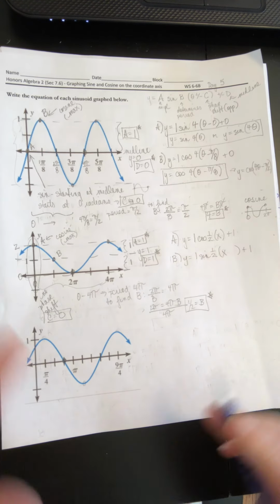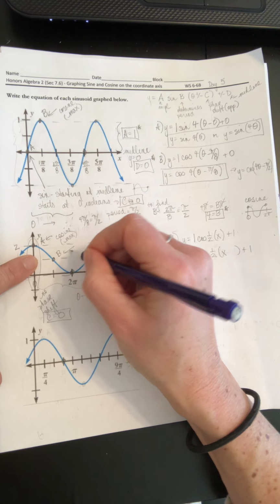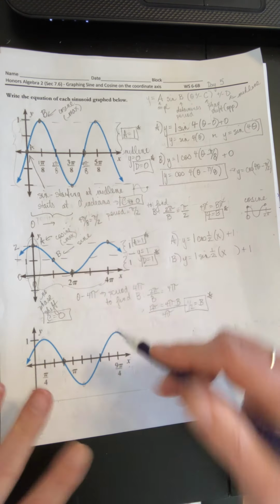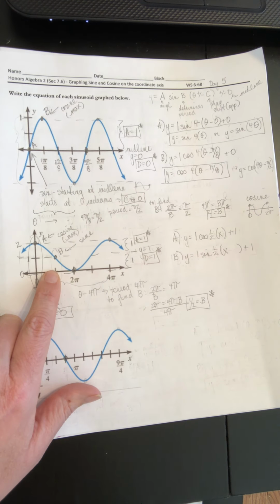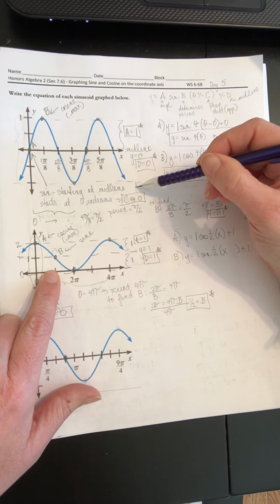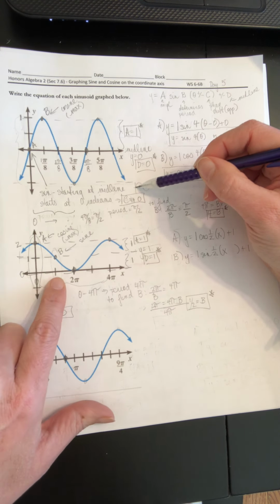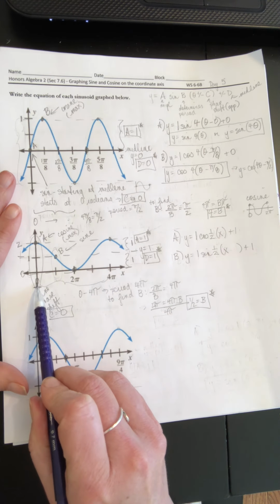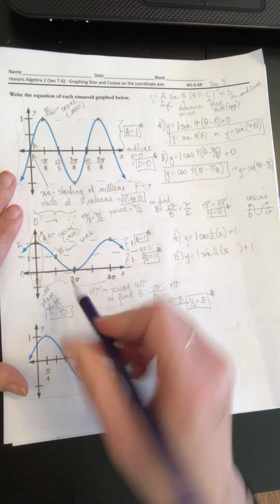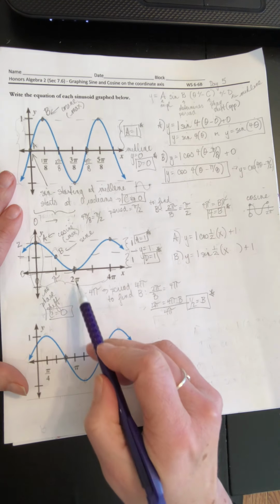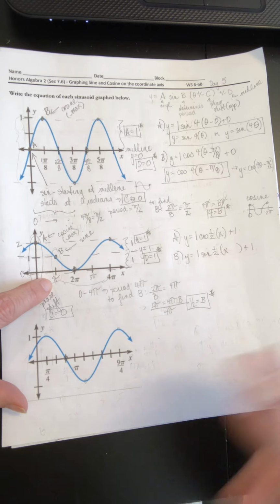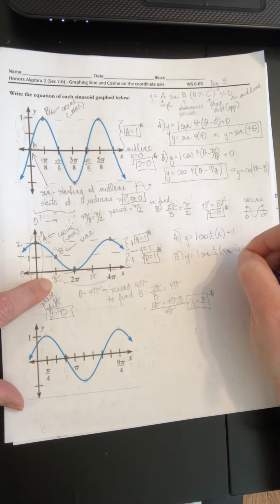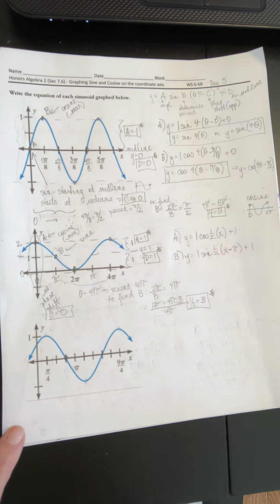Now I want to think to myself, well, if this is B, right, and this is sine, did I shift this? Well, it starts, right, here. So my sine curve, remember back up here, usually goes like this, right? So if I start at 0, now I'm starting at what? Well, this is 0. That's 2 pi. This is exactly half. So this has to be pi, 2 pi. This would be 3 pi, which makes sense with our 4 pi. So that means I've shifted to the right pi. So I'm going to subtract pi there, okay?